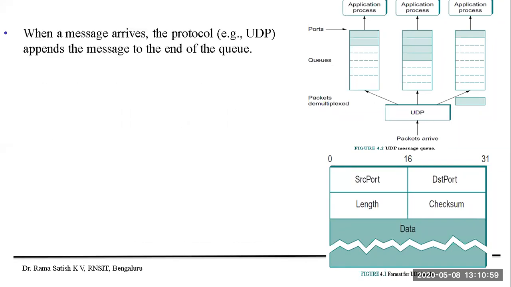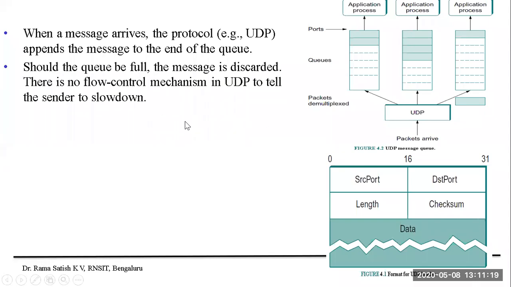You can see, when the message arrives at the destination, the protocol UDP appends the message to the end of the queue. So whenever a message comes, it will be added to the end. All the messages that are coming will be added at the end.